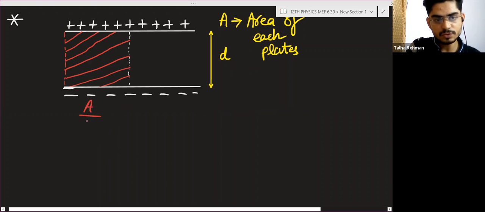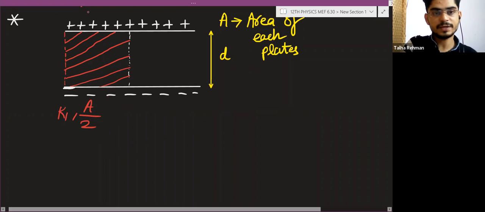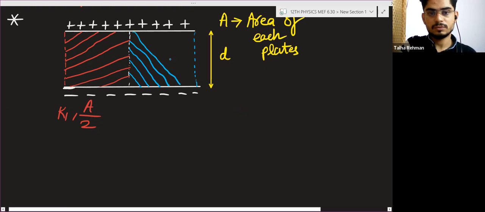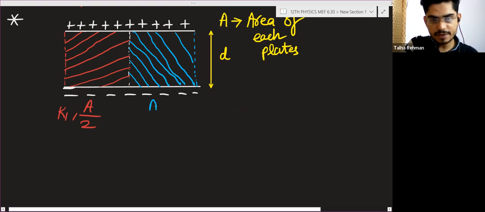In this area A by 2, we are filling dielectric with constant K1, and in this other area A by 2, we are filling another dielectric with some constant K2.